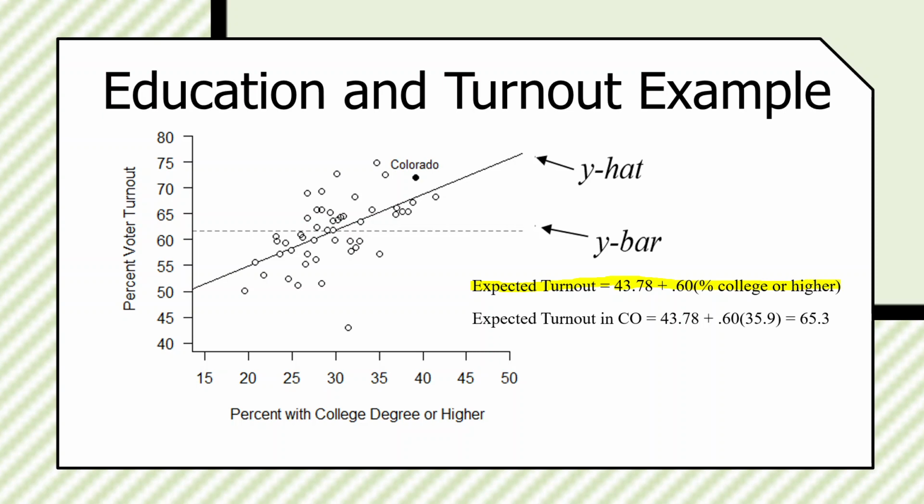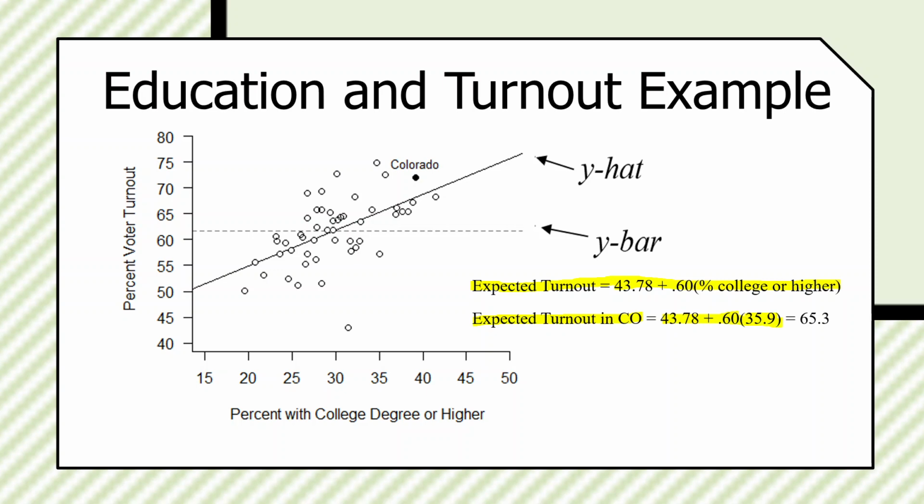So for Colorado, the estimated turnout would be, just plug the percentage of college graduates in there, 43.78 plus 0.60 times 35.9. Where did the 35.9 come from? Well, that is the percentage of Colorado residents with a college degree or higher.